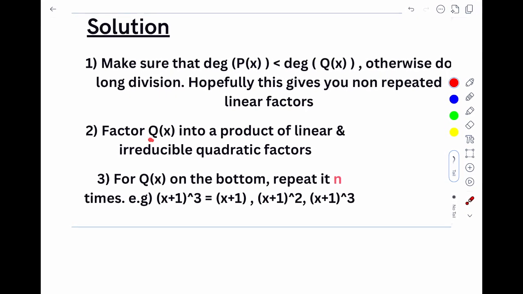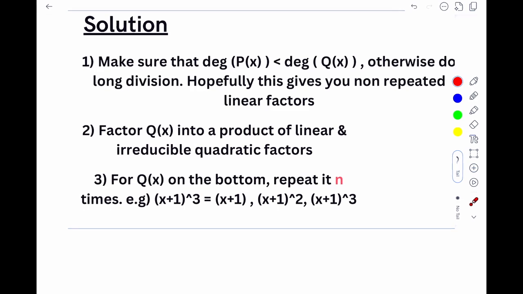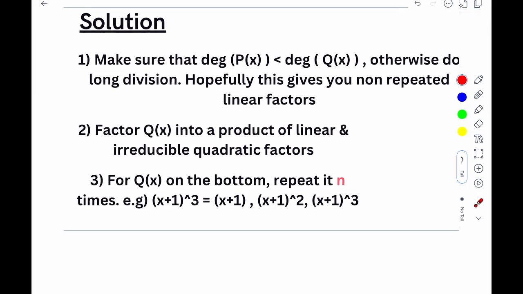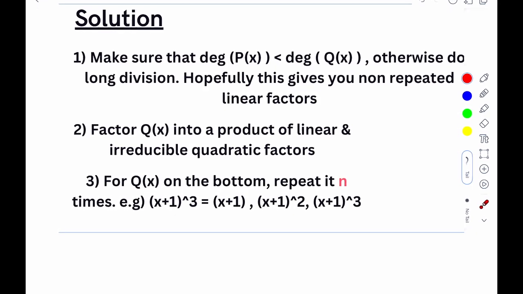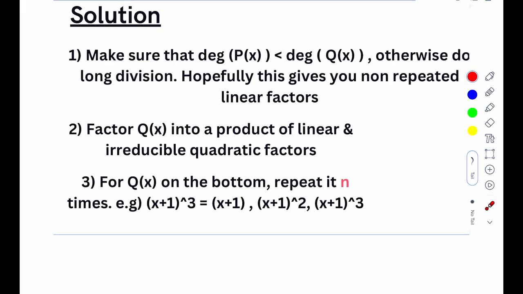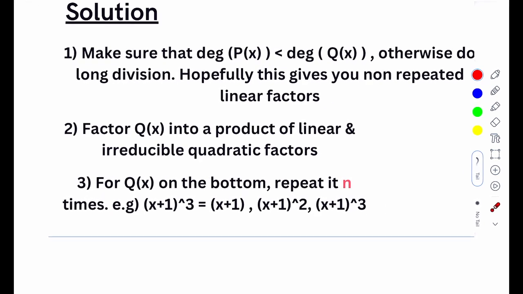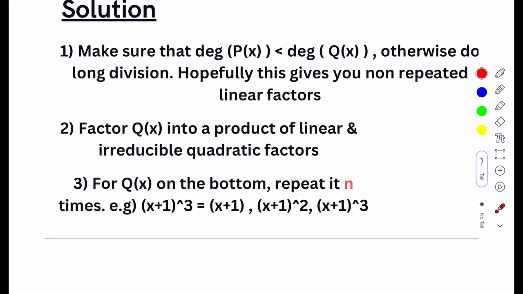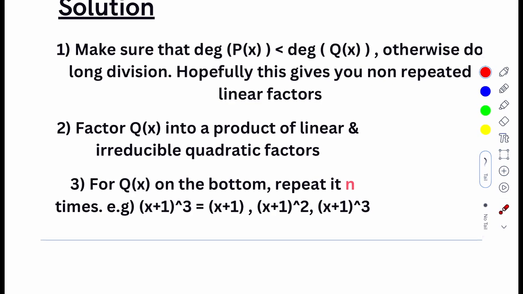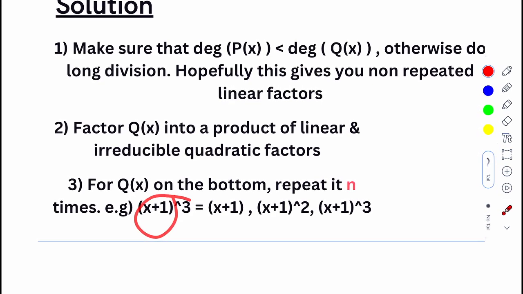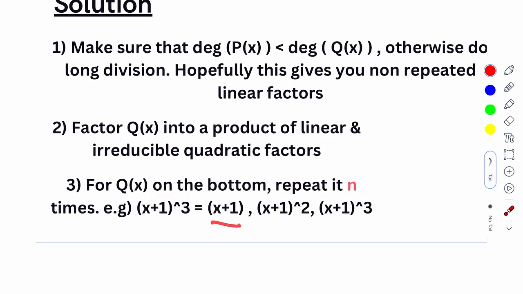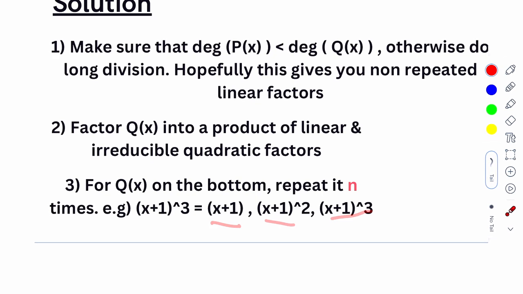Next, factor q of x into a product of linear and irreducible quadratic factors. And 3, for the denominator, you need to repeat that n times. So for instance, for x plus 1 to the power 3, you do x plus 1, x plus 1 squared, x plus 1 to the power 3.